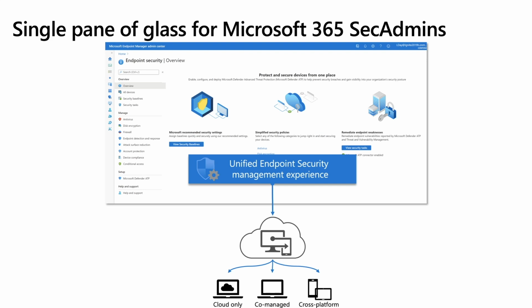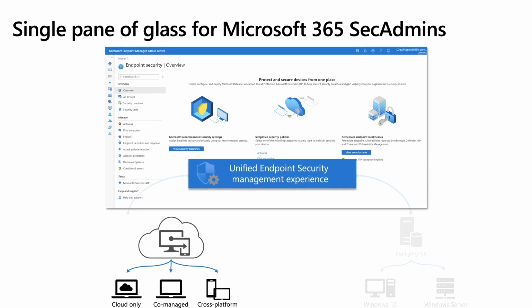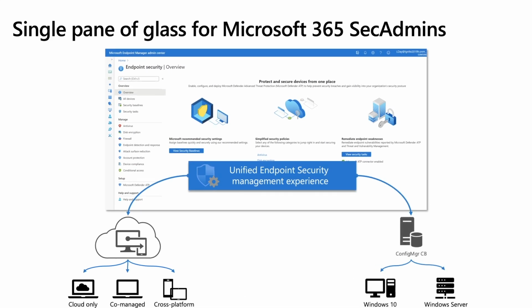Whether you are managing the device through the cloud, co-managed through Intune, or doing cross-platform with iOS or Android, they were all managed through a single pane of glass. We also expanded that to cover Config Manager.